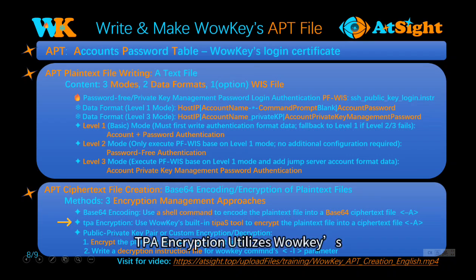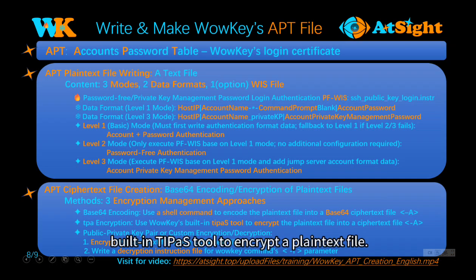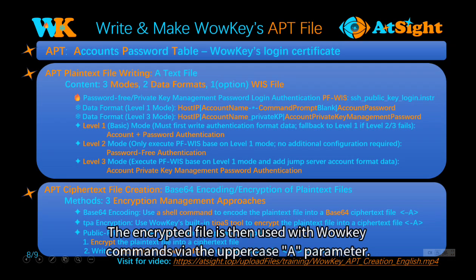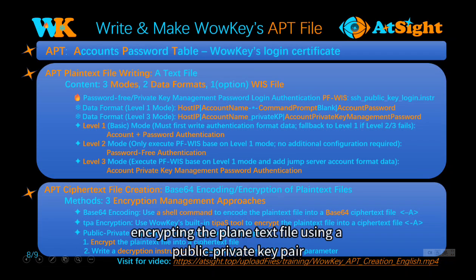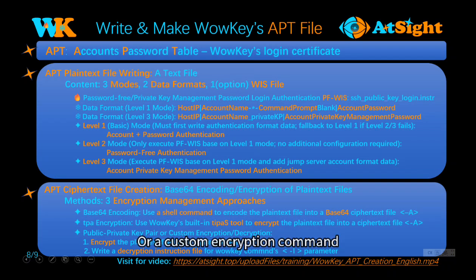2. TPA encryption utilizes WowKey's built-in TPAS tool to encrypt the plaintext file. The encrypted file is then used with WowKey commands via the uppercase A parameter. 3. Public-private key or custom encryption. This method involves 2 steps. 1. Encrypting the plaintext file using a public-private key pair or a custom encryption command. 2.